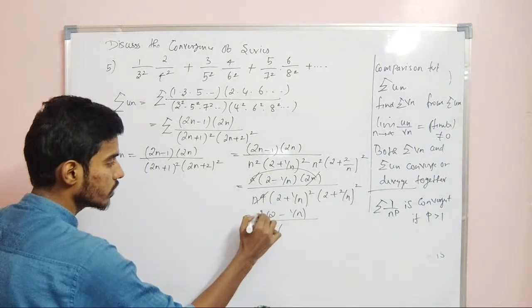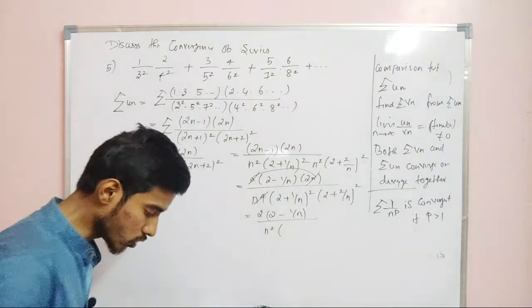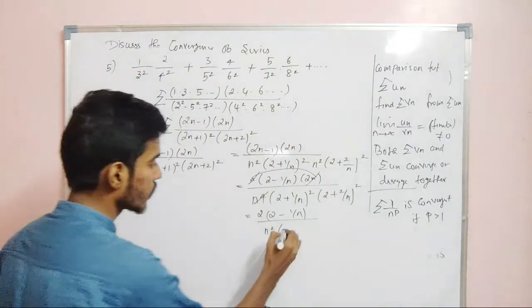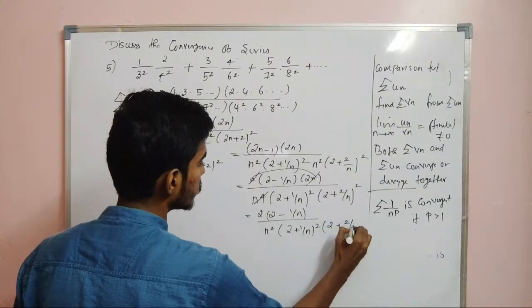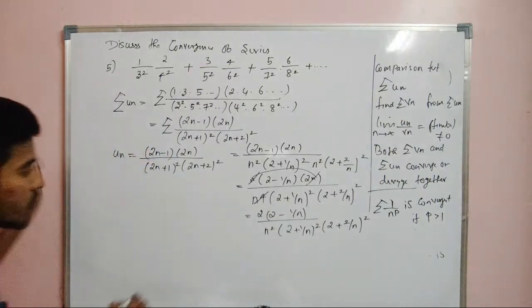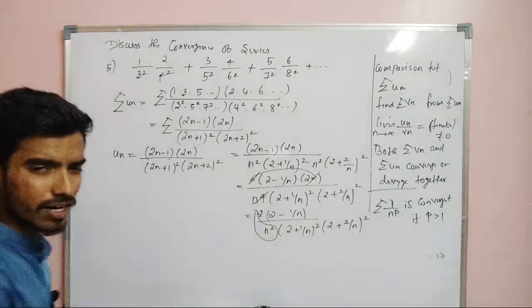So here also we have 2, so 2 into (2 minus 1 by n). Remaining we are left with (2 plus 1 by n) whole square (2 plus 2 by n) whole square, right? Now you just take bn to be equal to 1 by n square, or you can also take 2 by n square, not at all a problem.